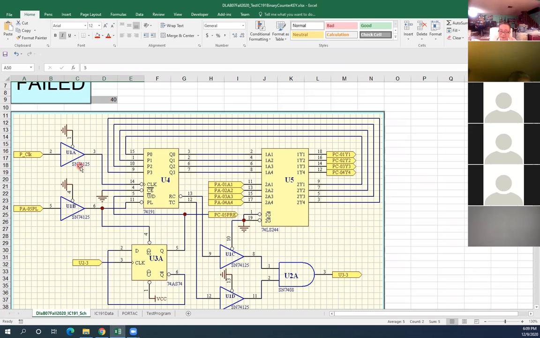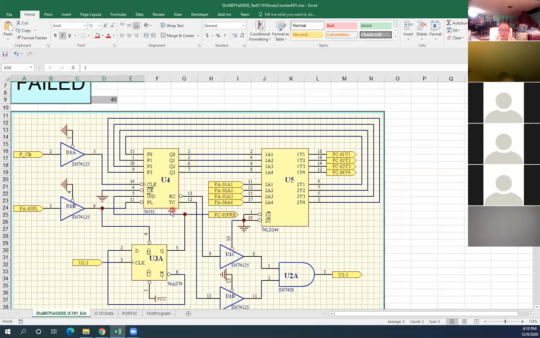However, if they count from 14 to 13 and fail, it cannot include this guy. First counting, they include both. However, for the second counting, it failed only U4, not U1A. If U1A is something wrong, it must fail the first counting, not the second or third or so on.